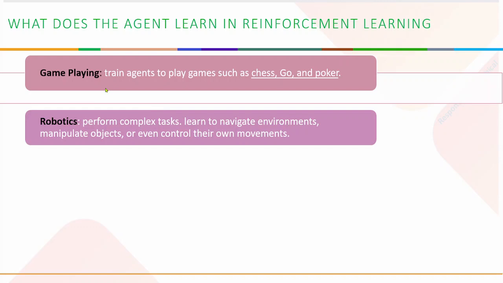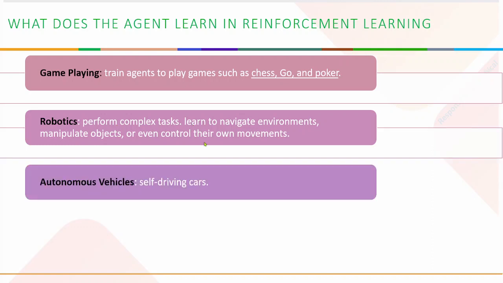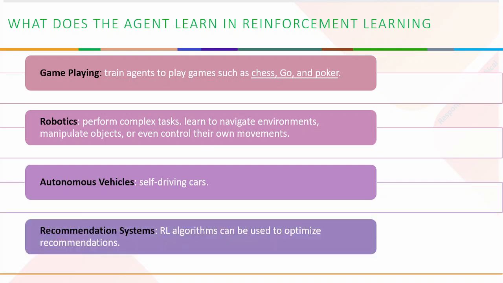And the example is game playing. So in game playing, the agent learns how to play the game like chess, Go, or poker. Robotics, again, the agent learns how to make the movement of the robots in an optimal manner. Autonomous vehicles like self-driving cars, and there are many more other examples of reinforcement learning.